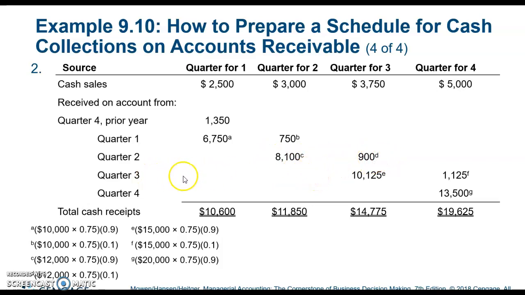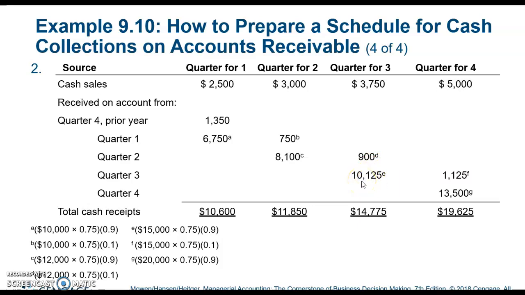Now, quarter 3, we said we were going to get $15,000 of sales. So 15,000 times 25% is how much we get as cash sales. And 15,000 times 75% is $11,250 that we expect to do on account sales for the third quarter.